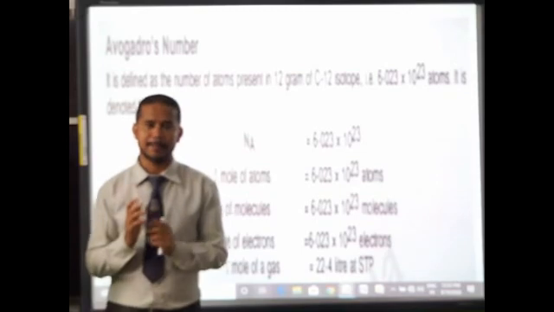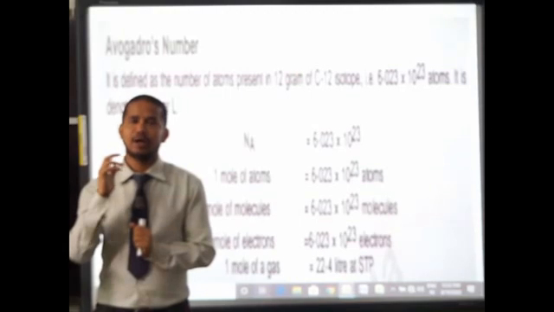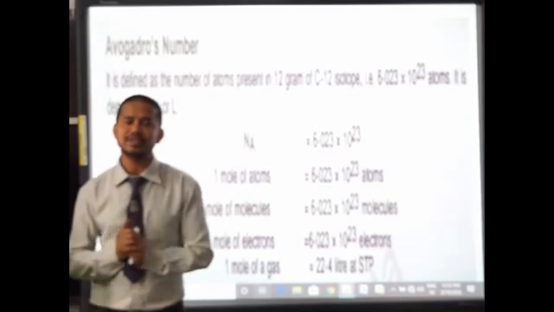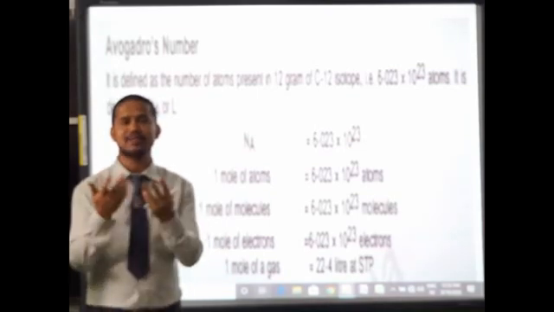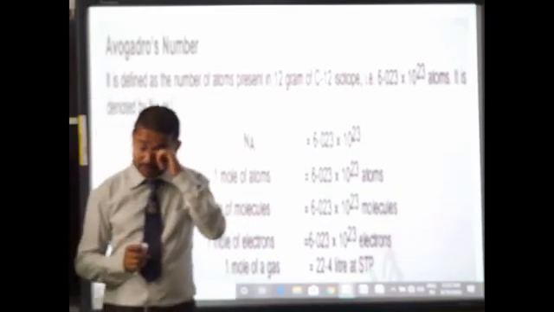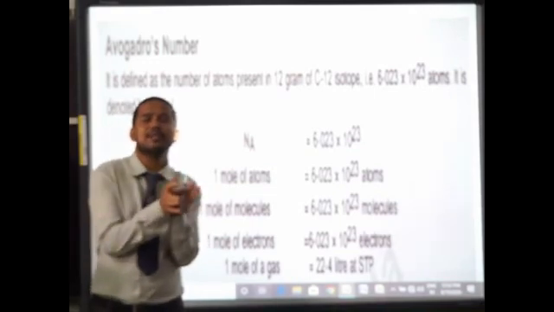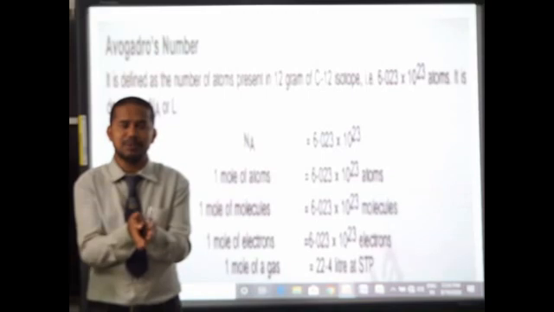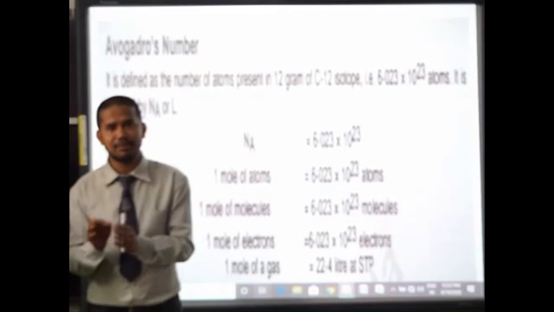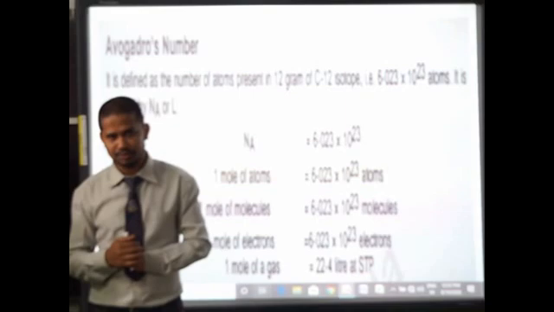Similarly, if I say how many molecules are present in 1 mole of oxygen gas or 22.4 liter of oxygen gas at STP, then you can say it is 6.022 × 10^23 molecules of oxygen gas. That means 22.4 liter of gas at STP will have the same number of molecules. That means they will have Avogadro's number of molecules.